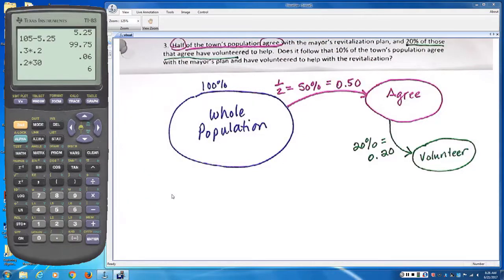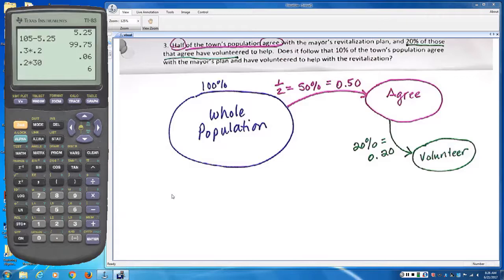And then the question they ask us is, does it follow that 10% of the town's entire population agree with the mayor's plan and have volunteered to help with the revitalization?